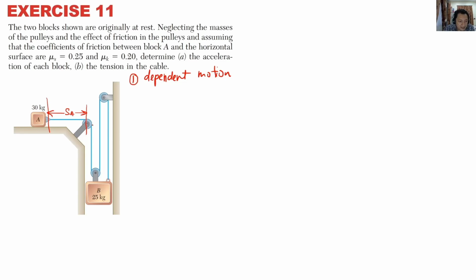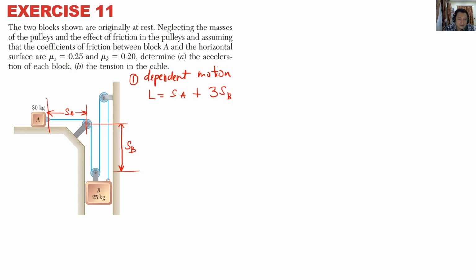This one, I think you can take this one as datum. This is SB. So total length is SA plus 3SB. When you differentiate, you're going to get V.